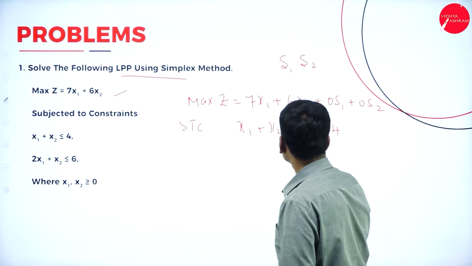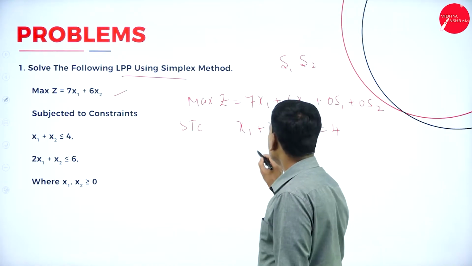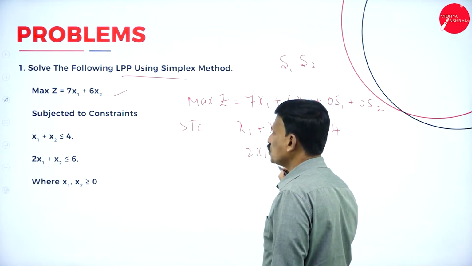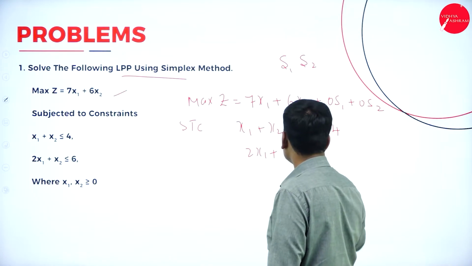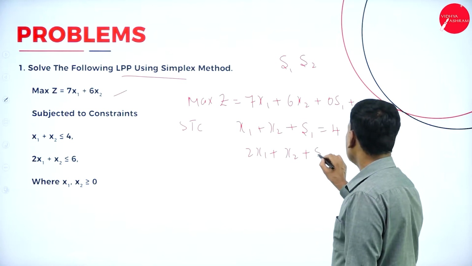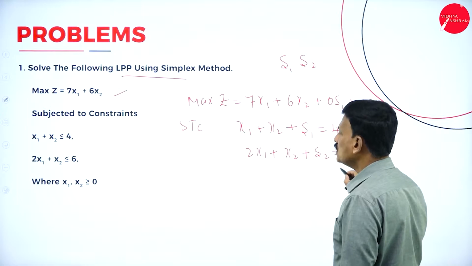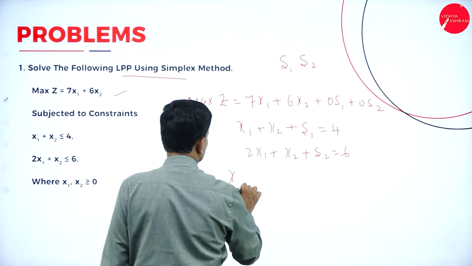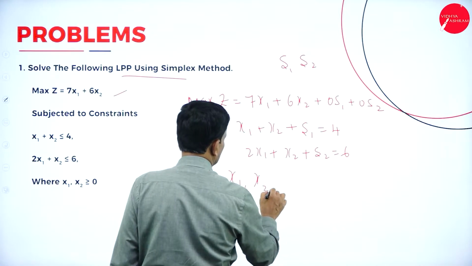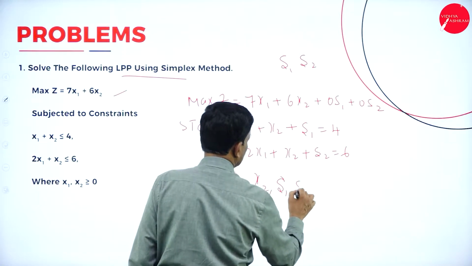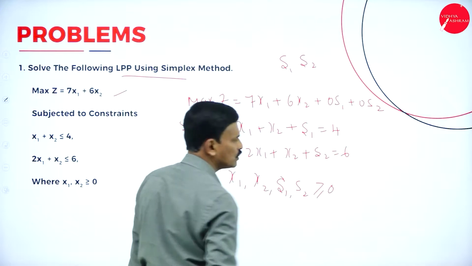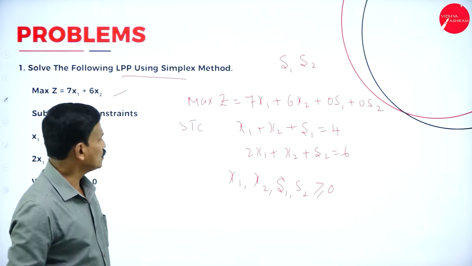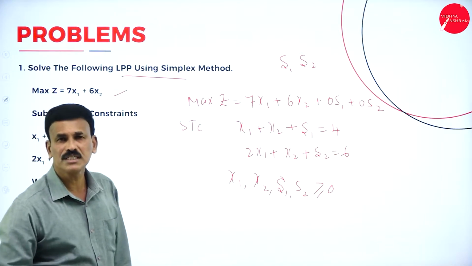So x1 plus x2 plus s1 is equal to 4, and the second equation 2x1 plus x2 plus s2 is equal to 6, and the non-negative restrictions are, as you know, x1, x2, s1 and s2 are all greater than or equal to 0. Now this is the standard form of the given equation.